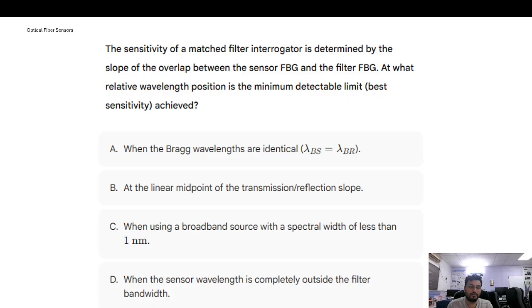Option A, when the Bragg wavelengths are identical, lambda Bs equals lambda Br. B, at the linear midpoint of the transmission/reflection slope. C, when using a broadband source with a spectral width of less than 1 nanometer. D, when the sensor wavelength is completely outside of the filter. What is your answer?